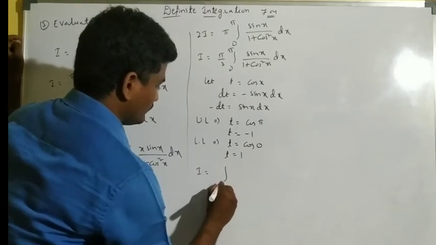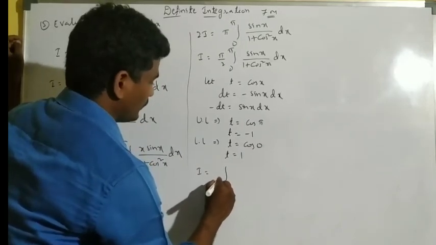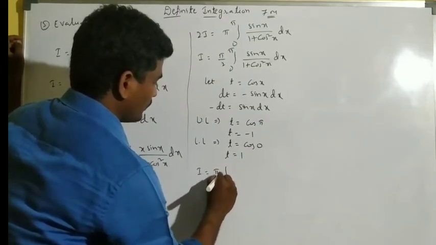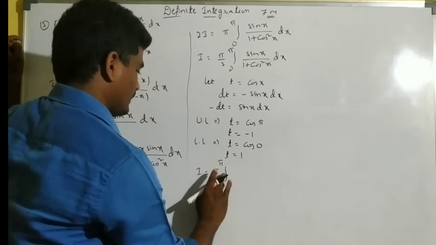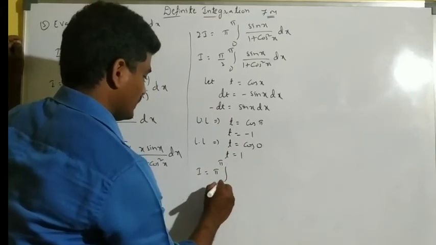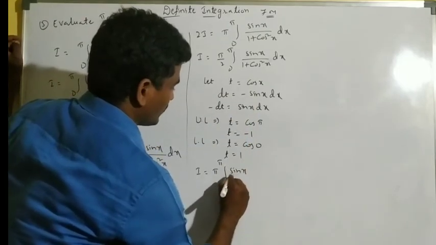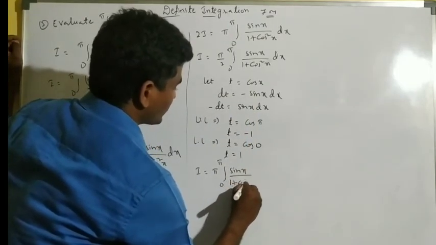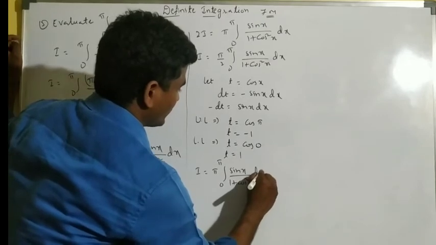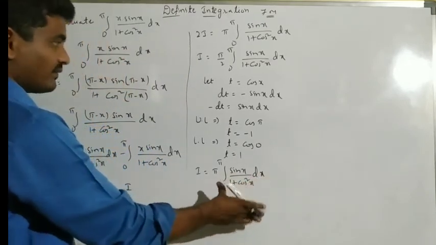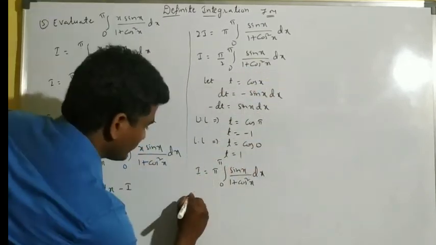I equals integral 0 to pi of sin x by 1 plus cos square x dx. In this we have to substitute all these values.